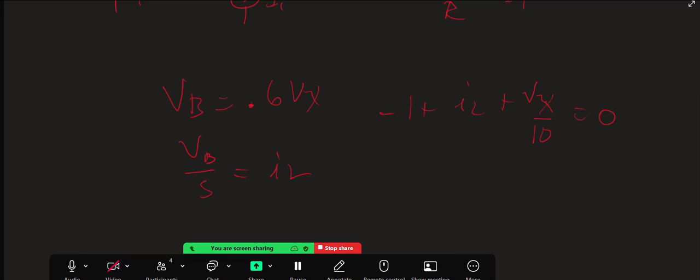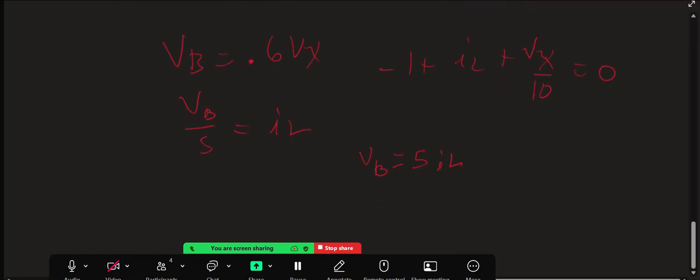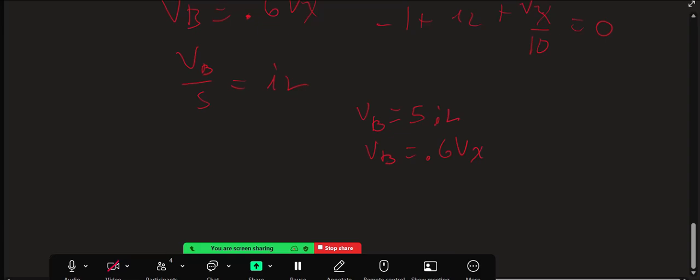VB over 5 equals IL, so VB equals 5IL. VB also equals 0.6 Vx, so 5IL equals 0.6 Vx, or Vx equals 5 over 0.6 IL. Can someone do 5 divided by 0.6 for me?